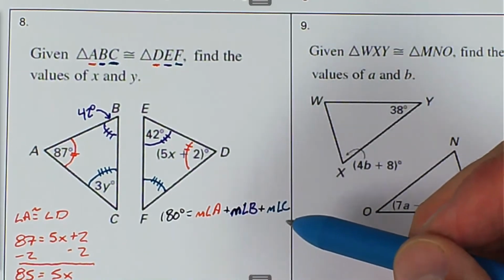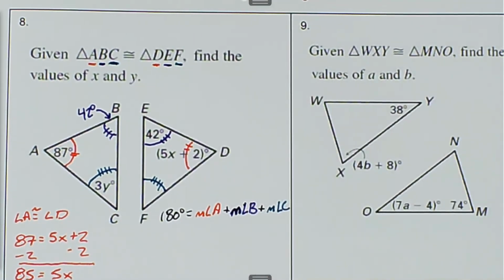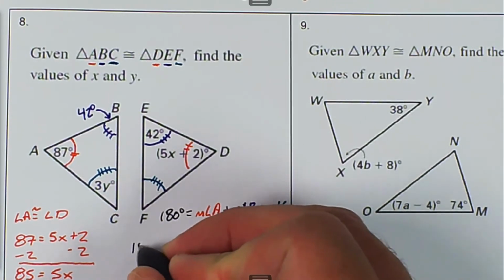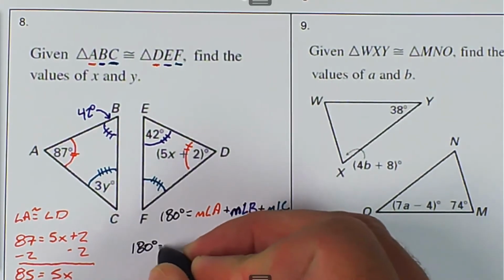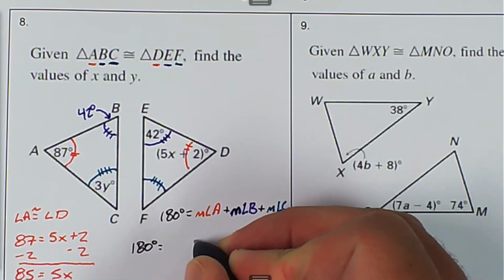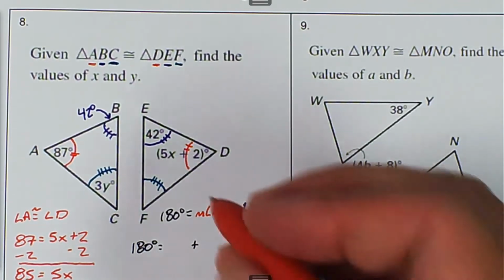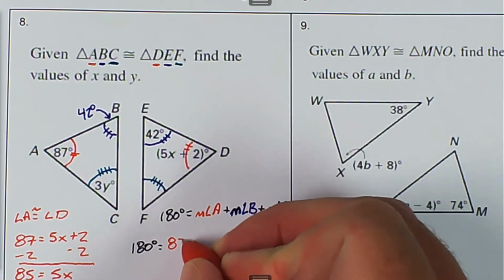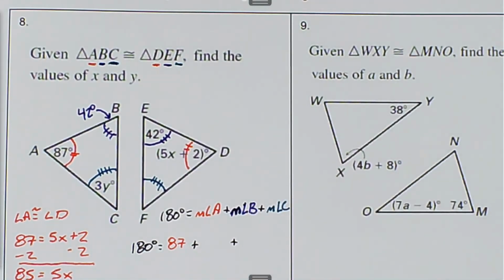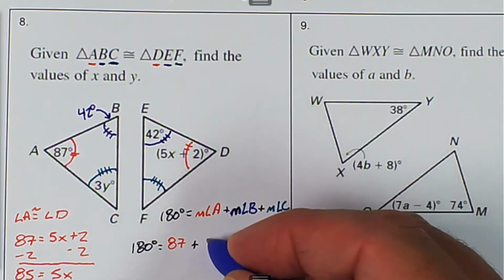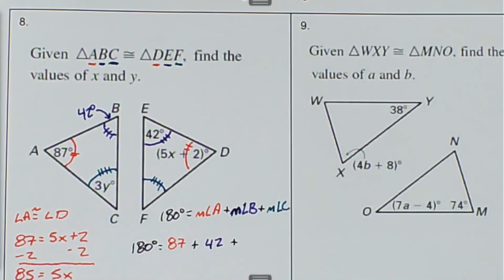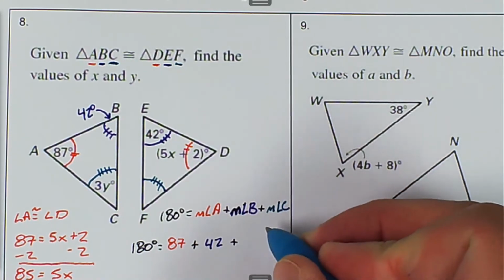So when we substitute that in, we get 180 is equal to measure of angle A plus measure of angle B plus measure of angle C. So A is 87, B is 42, and C is 3Y.